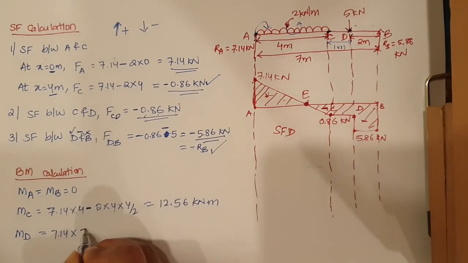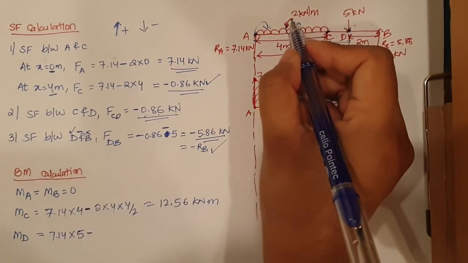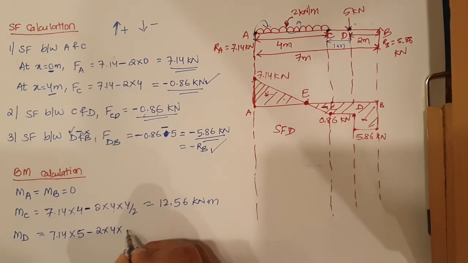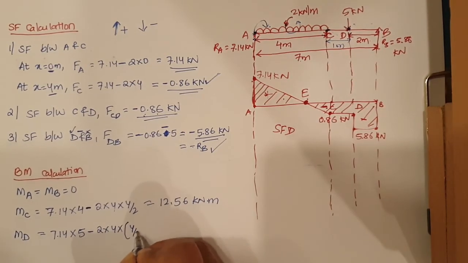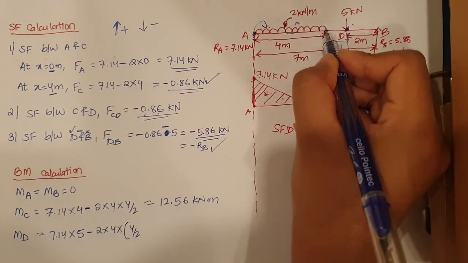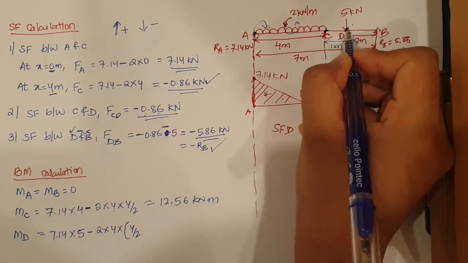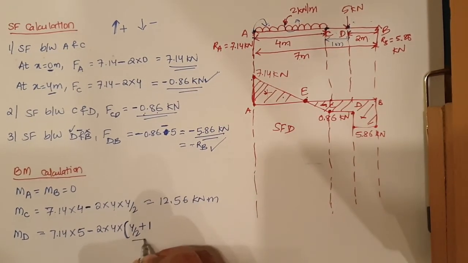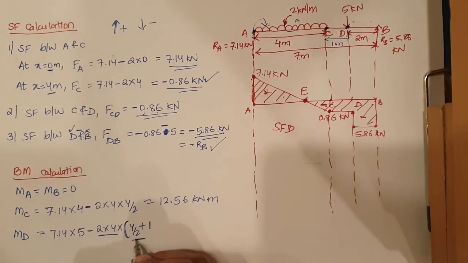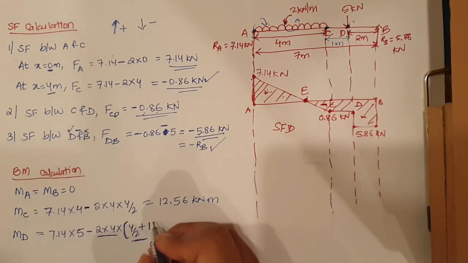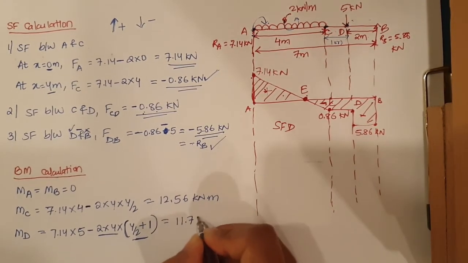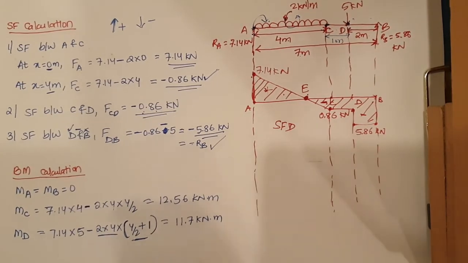So 7.14 into 5 minus the UDL, 2 into 4 into 4 by 2. Now the UDL is applied up to here. Now how do we carry the distance from here to here? So I have put this in a bracket, plus 1. So this is the distance, this is the force, and this is the distance. So I'm adding up the remaining distance also. So this will come equal to 11.7 kilonewton meter.